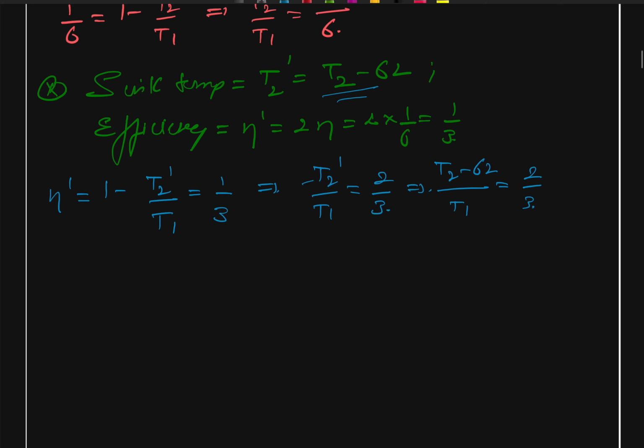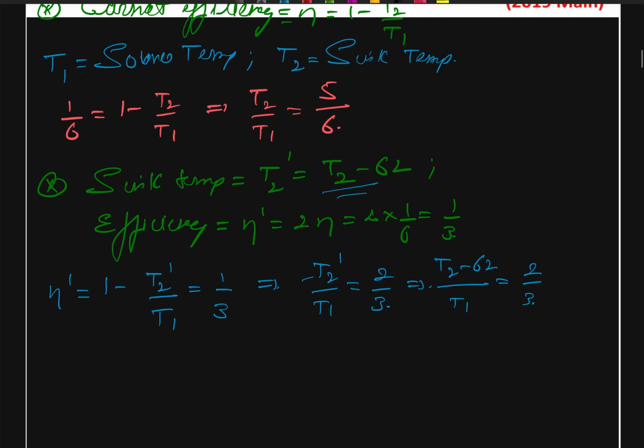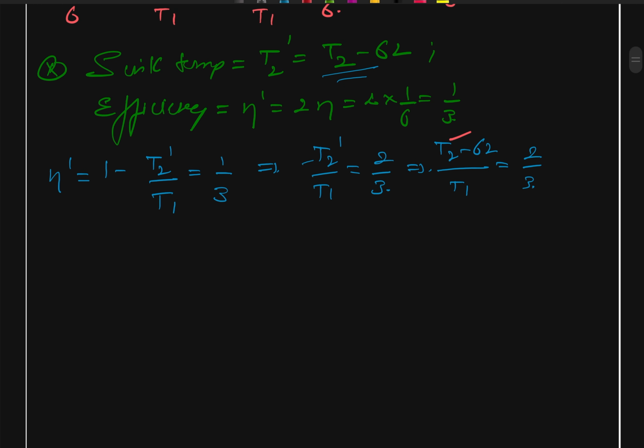And we know that T2 is equal to 5/6 times T1. So we substitute here T2, and we get 5/6 times T1 minus 62 upon T1 is equal to 2 by 3.